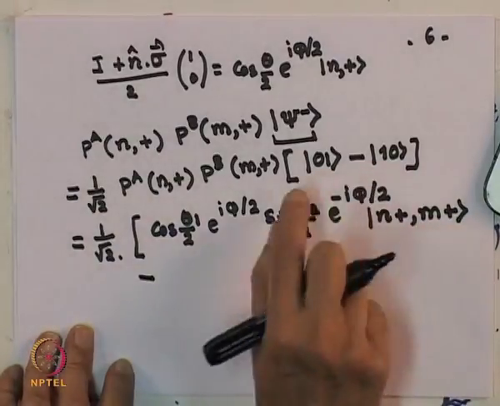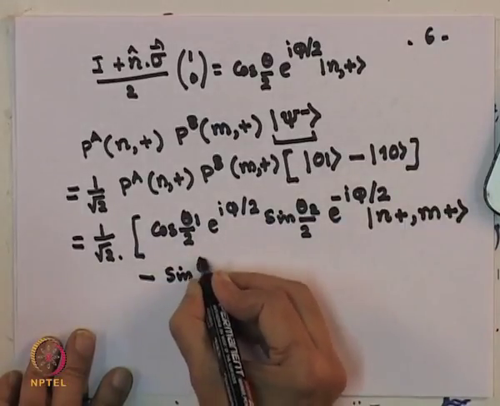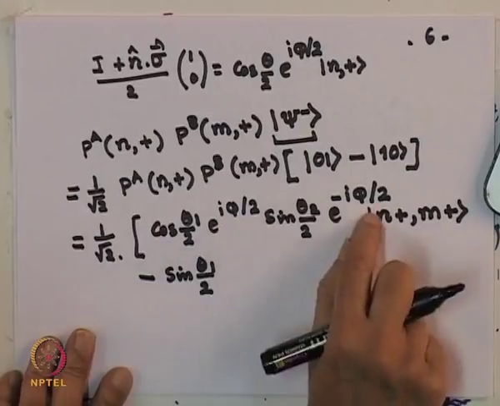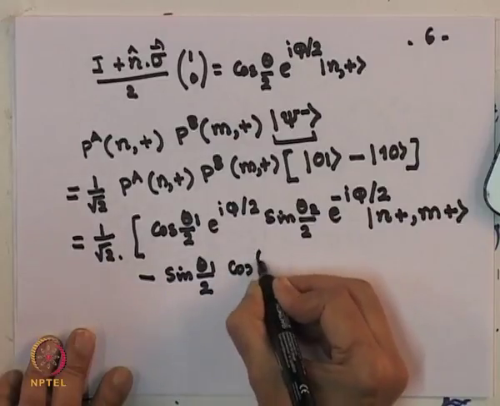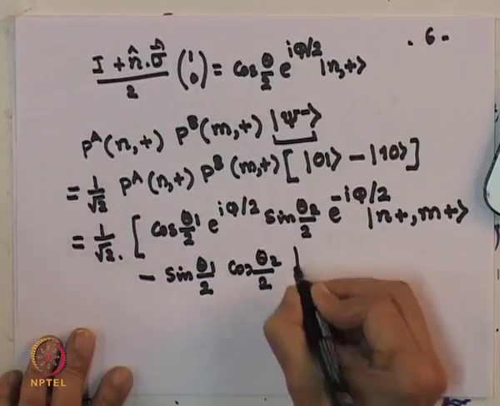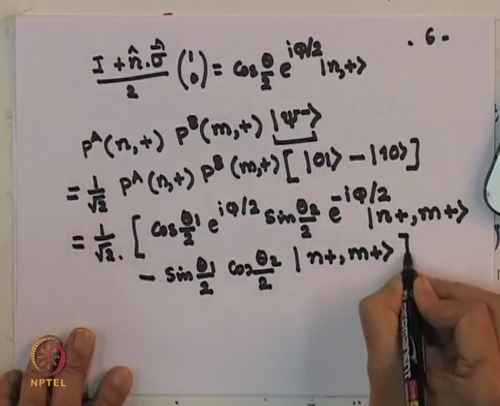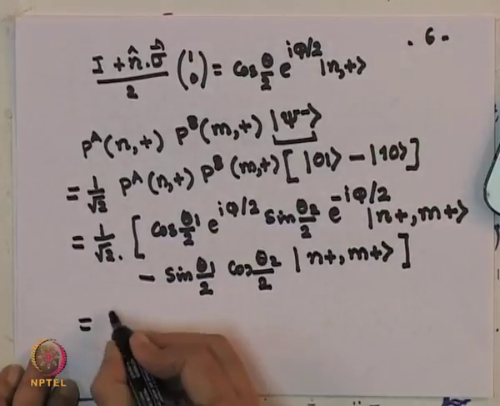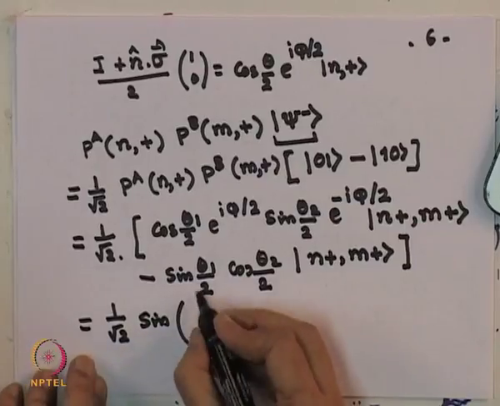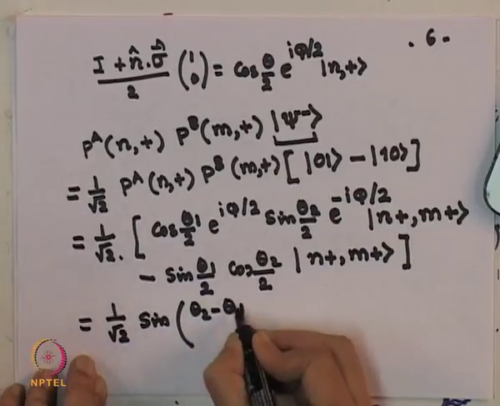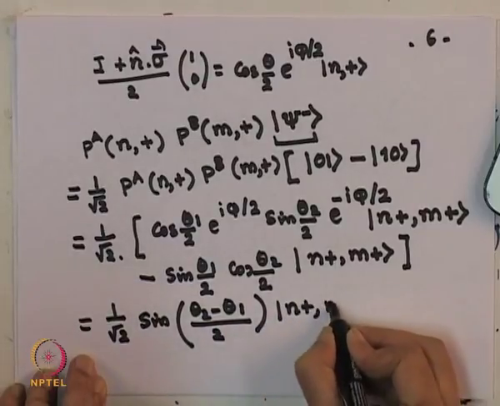Minus, in an identical way. This is because it's acting on 1, so I get a sine theta 1 by 2. The exponential factors will cancel out as in the first term, and I get cosine theta 2 by 2, and this is again giving me the same n plus and m plus, because the projection operator used in both cases is the same. So that's equal to 1 over square root of 2 sine of theta 2 minus theta 1 by 2, n plus m plus.